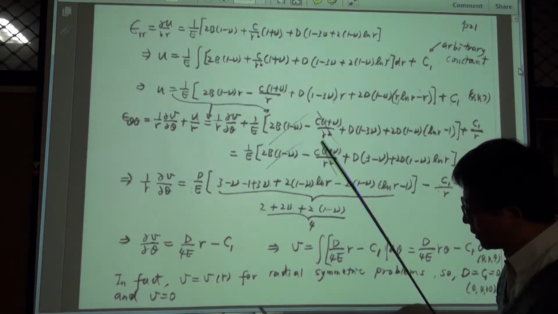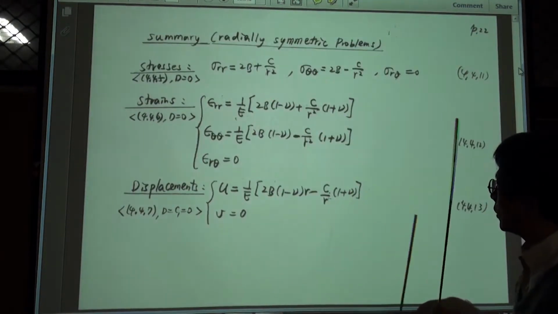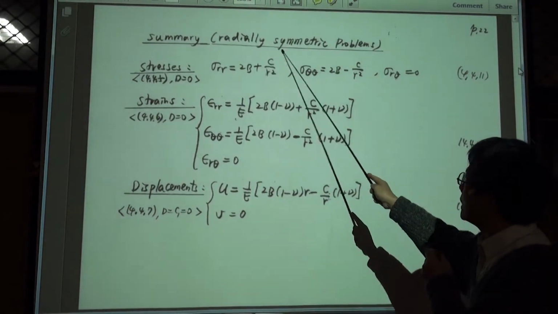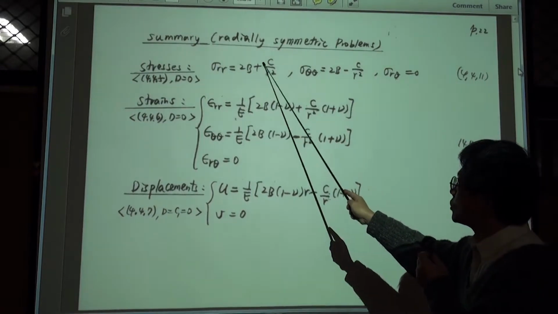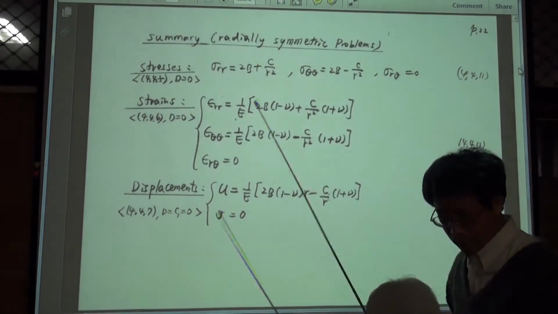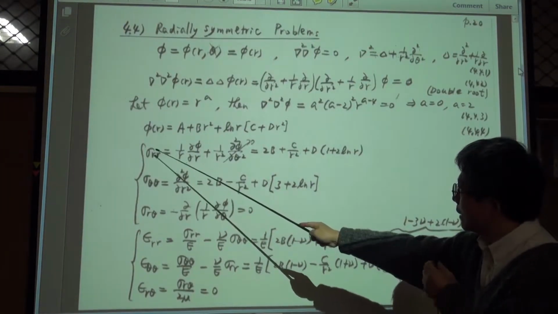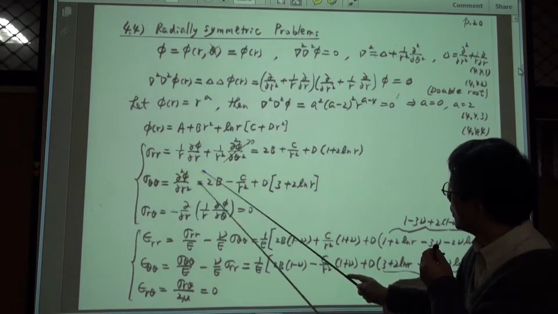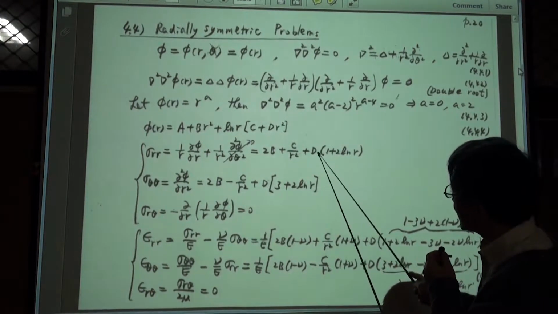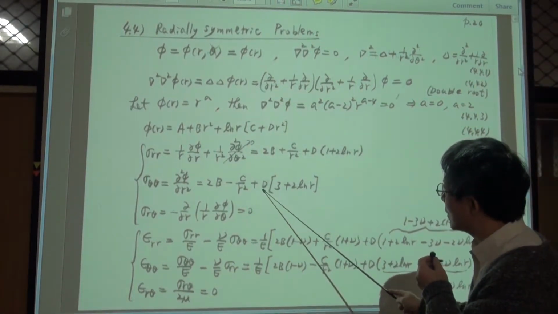No matter how, we have already found all the things we want. So for general axisymmetric problems, we have the stress field like this, because D equals 0, right? Let me show you. See here, the stress component is like 2B plus C over r squared plus D here, but D is now equal to 0, and this one equals 0.